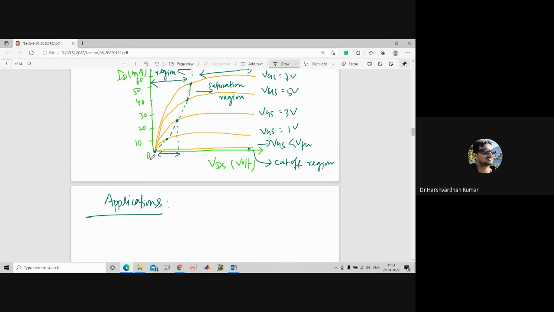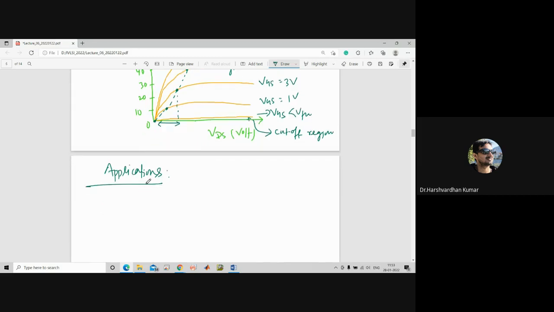Okay, so we will talk about the applications. In case of the cutoff region, it will be very interesting for you all. So here you can see for the cutoff region, what will be the value of current here?